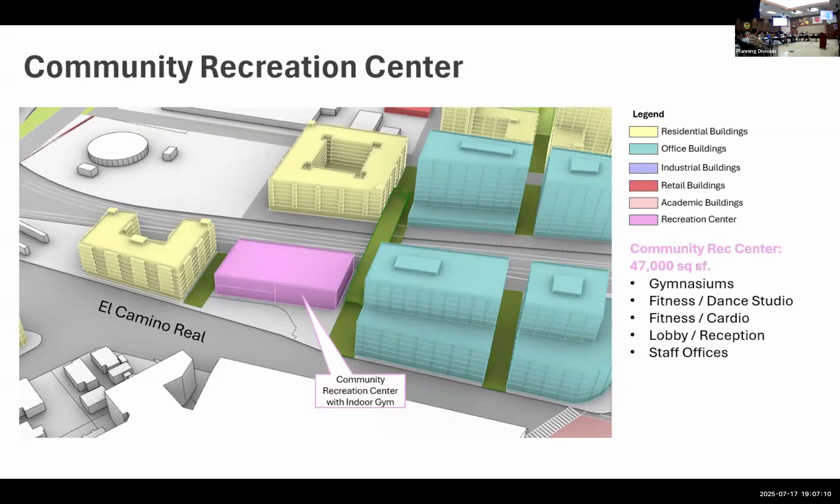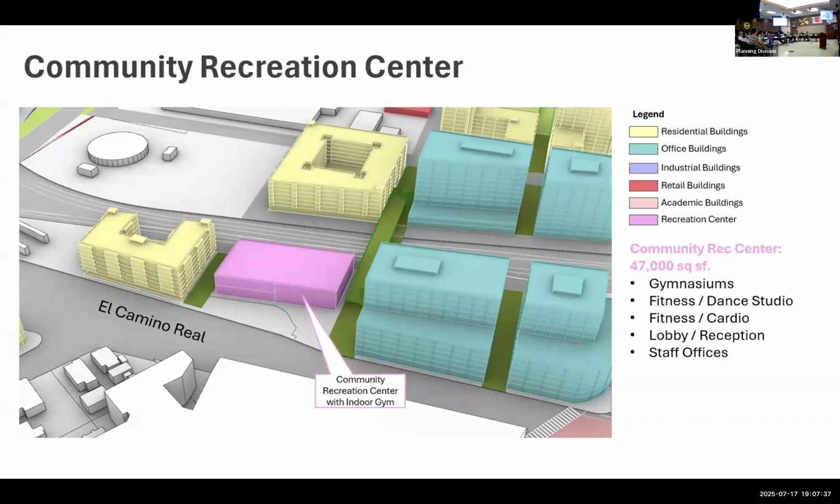We got a square footage from them of roughly the sizing they're looking for, 47,000 square feet, and the kind of program they would want to include: gymnasiums, a fitness or dance studio, cardio space, an indoor walking track, and then lobby and reception spaces and some staff offices.